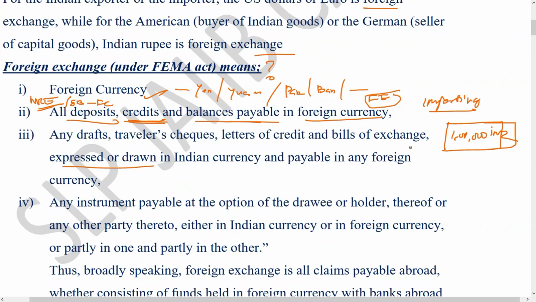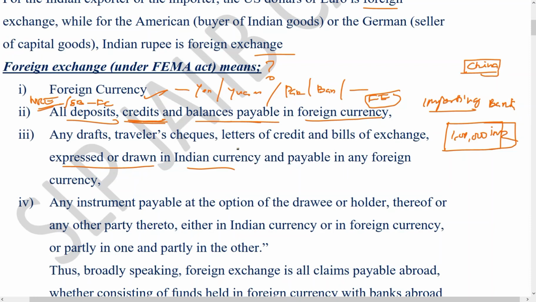For example, you are quoting 1 lakh, you are paying, that will be in INR, but payable in foreign currency. You are quoting it in Indian currency, but the person in China will not take Indian currency. Even though you are quoting in Indian currency, he cannot accept it. So what will the bank do? It will convert Indian currency into Chinese currency, and Chinese currency will be paid to the person exporting from China.